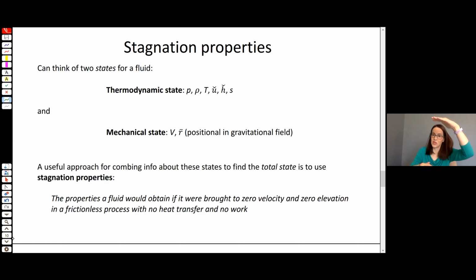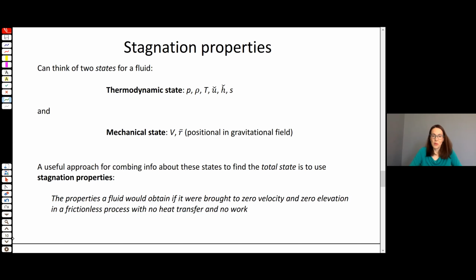Does it have any elevation that's giving it potential energy? We tend to think of these two states separately, but stagnation quantities bring these two concepts together, and they tell us about the total state of the system, the mechanical plus the thermodynamic state.